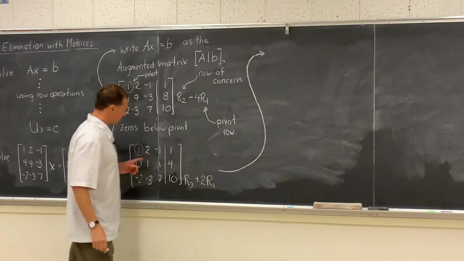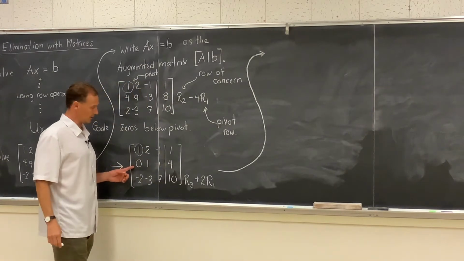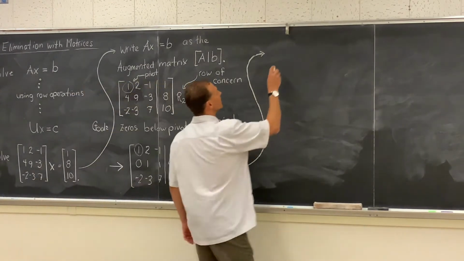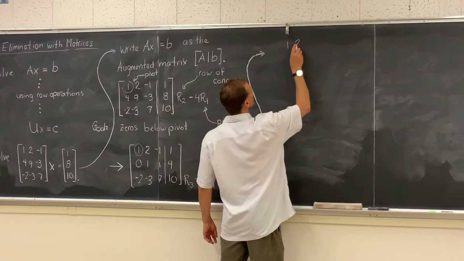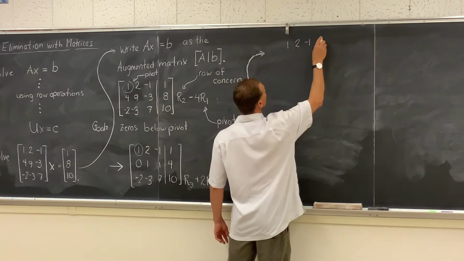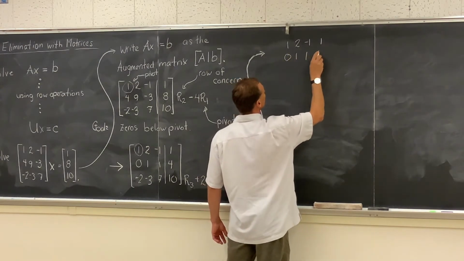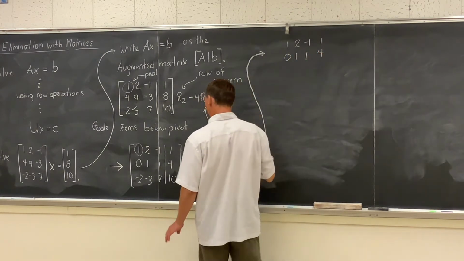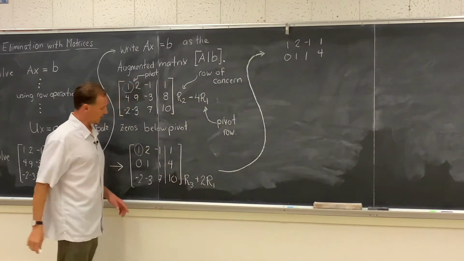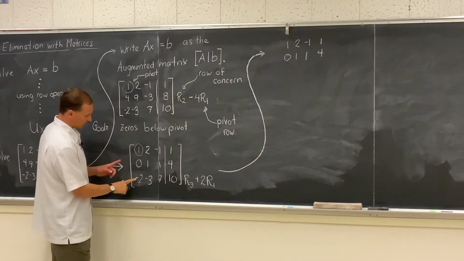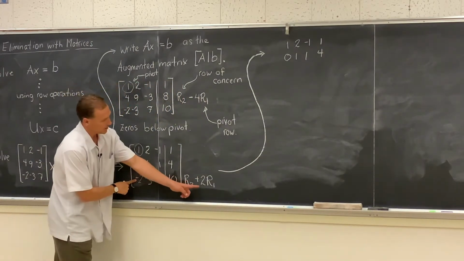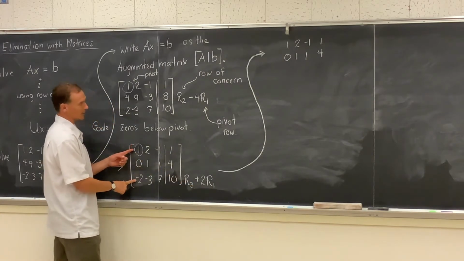Now, the first 2 rows haven't changed, so let's copy those down. So I have 1, 2, -1, 1, 0, 1, 1, 4. And now we can make our next step. So this is minus 2 plus 2 times row 1, so that's a 0.